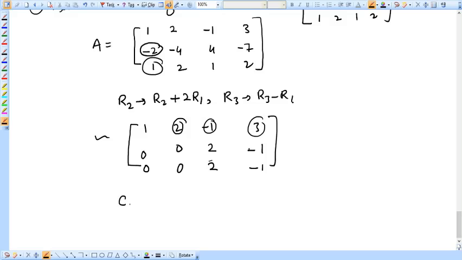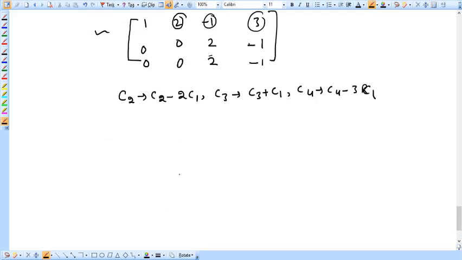Now the column operations: C2 minus 2 times C1, C3 plus C1, and C4 minus 3 times C1. So what matrix we are going to get now is 1, 0, 0.